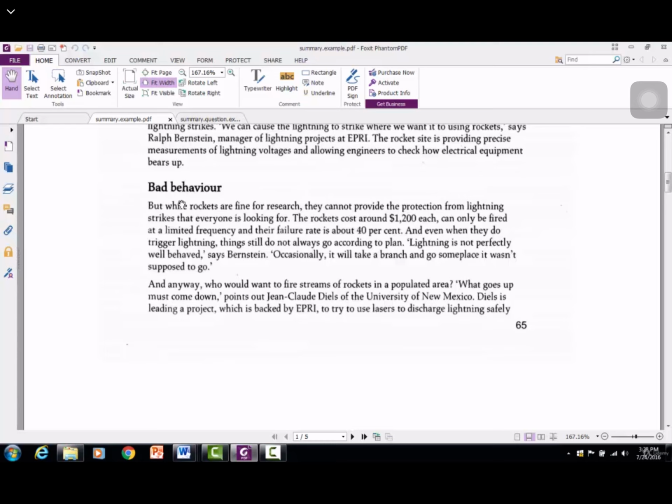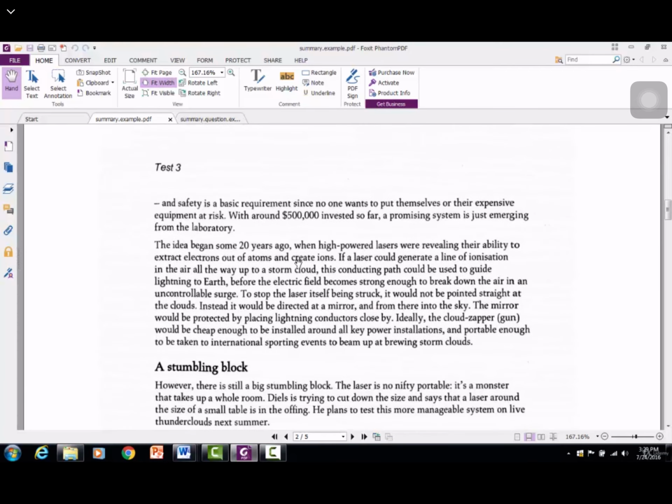That heading of bad behavior let me know that whatever they're talking about in these paragraphs under bad behavior is the dangerous thing. And it looks like in these two paragraphs, while the rockets are fine for research, who would want to fire streams of rockets in a populated area? So it seems like the bad thing they're talking about is rockets. So the lasers are less dangerous than rockets.